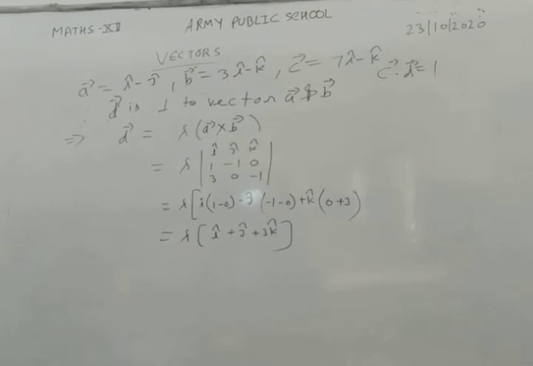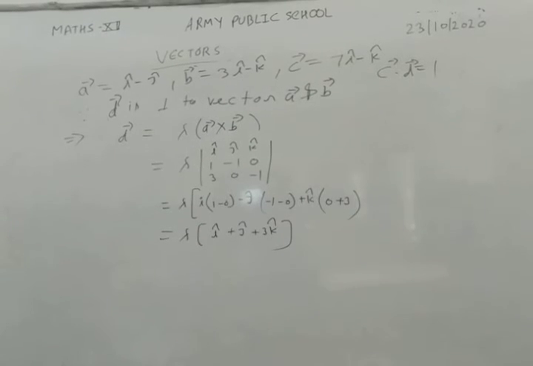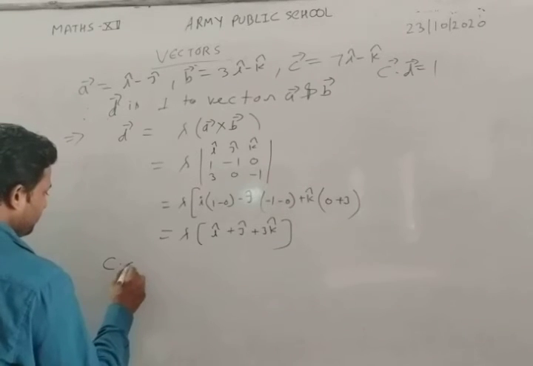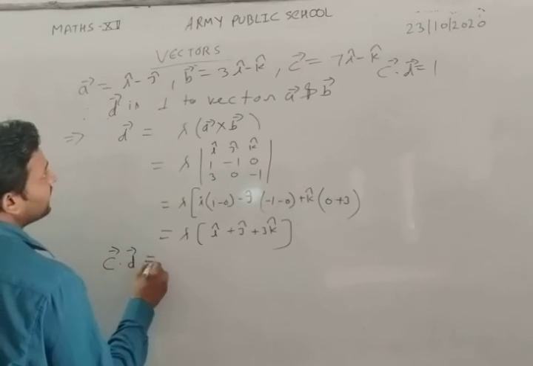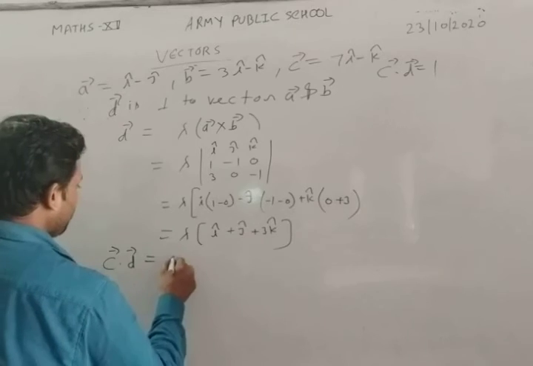Now we have the given condition C dot D is equal to 1. So we put here vector C and D, and taking the dot product of both, we get the value of lambda. C dot D is equal to 1.